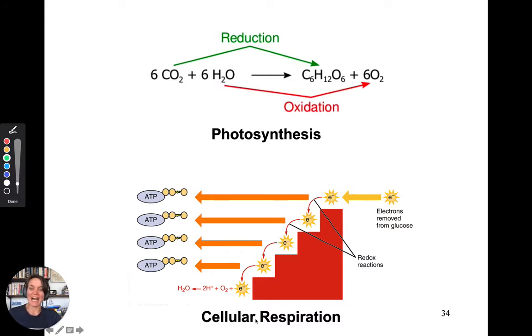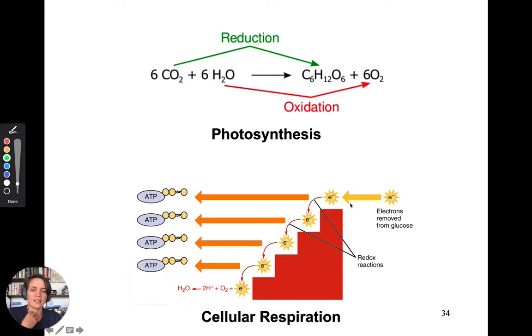Another form of oxidation reduction reaction that you are likely familiar with or have studied before is cellular respiration. So cellular respiration is the way eukaryotes, complex multicellular organisms, create energy. You have probably heard of the electron transport chain that takes place in the mitochondria that produces a lot of ATP compared to strict glycolysis.